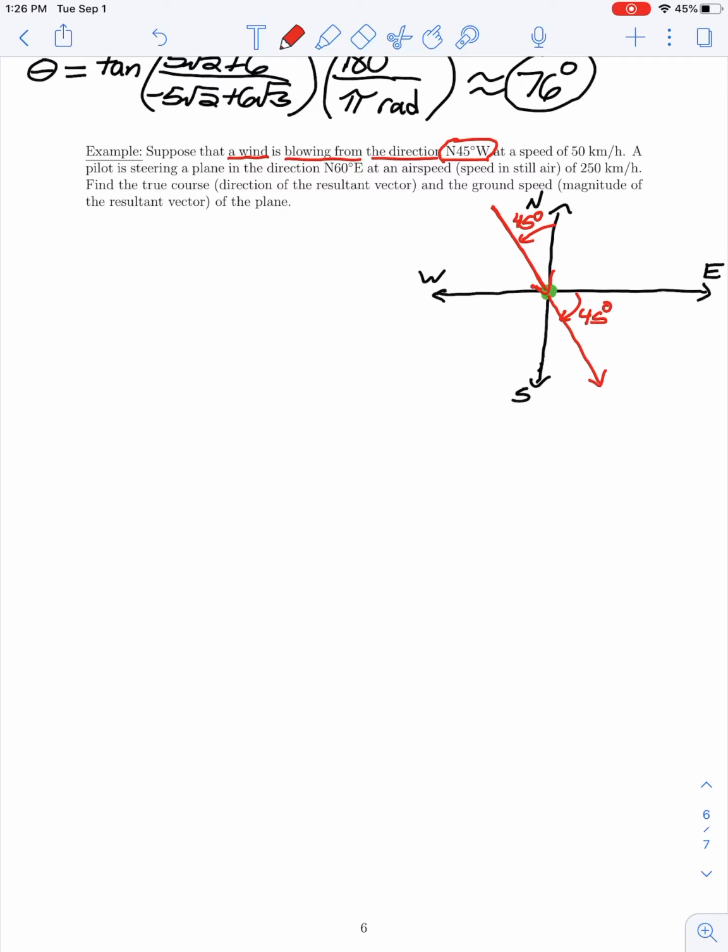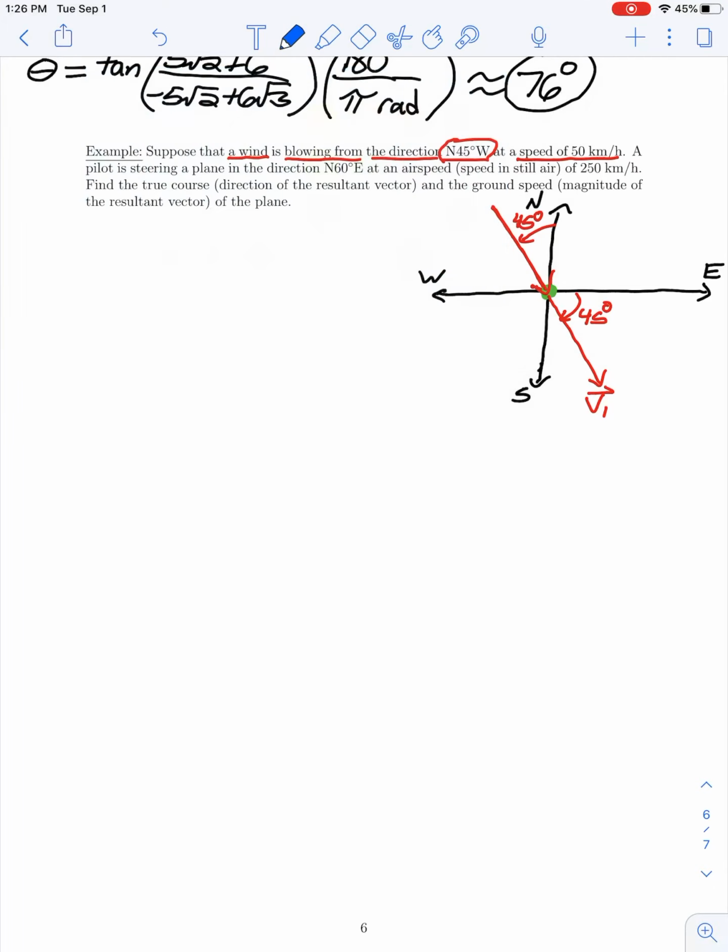So this is our vector representation of the wind velocity acting on our plane. Let's call it V1, which will be my wind velocity, and it's acting at a speed of 50 kilometers per hour. So that's the magnitude of that velocity vector.